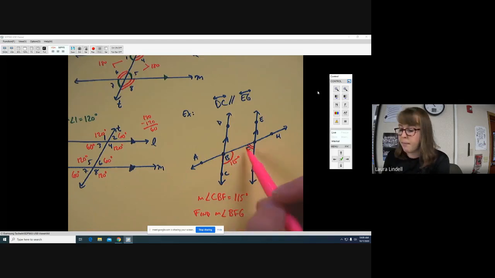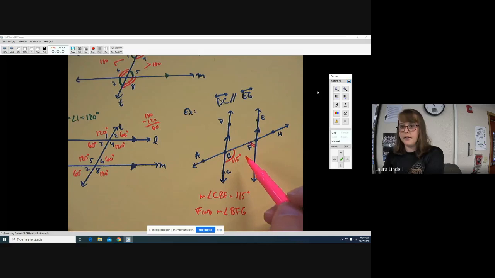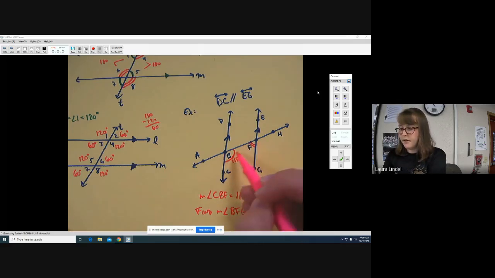Because alternate is for opposite sides of the transversal. So if they're on the same side, we have two options, consecutive interior or corresponding here. And since they're both interior, these ones are going to be, yeah, consecutive interior. Nice. All right. So these are consecutive interior angles.